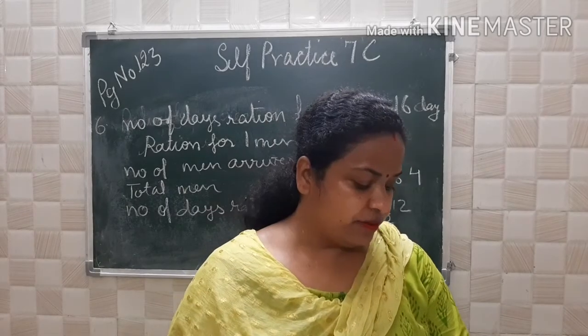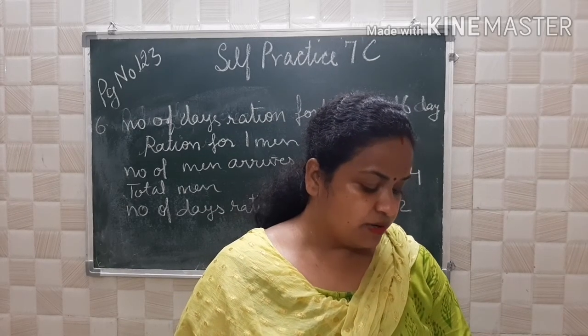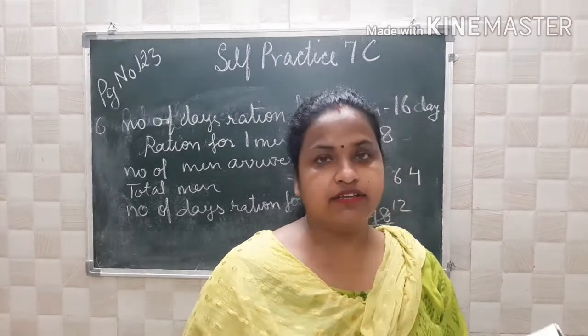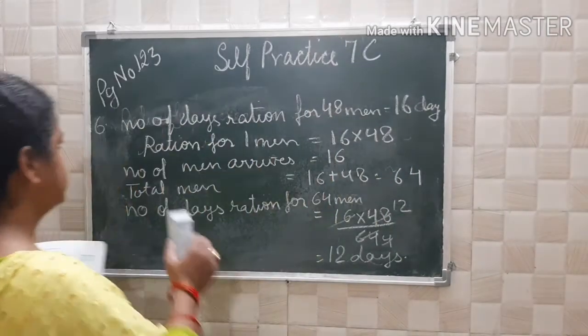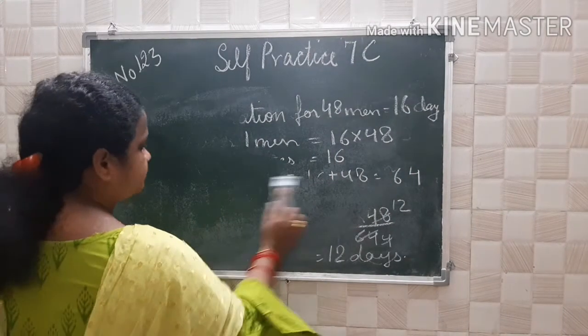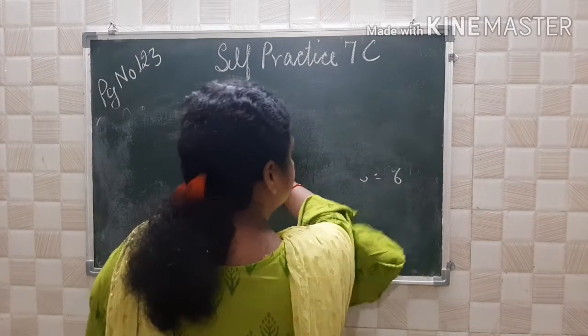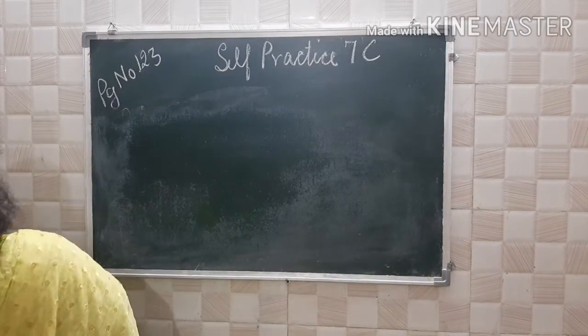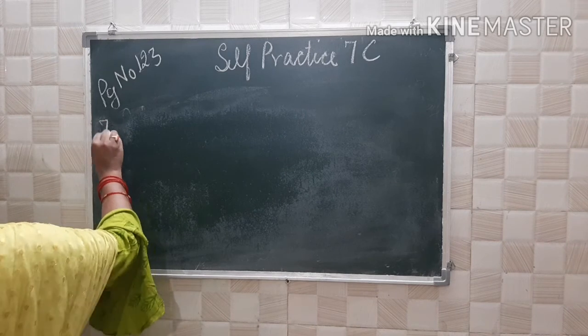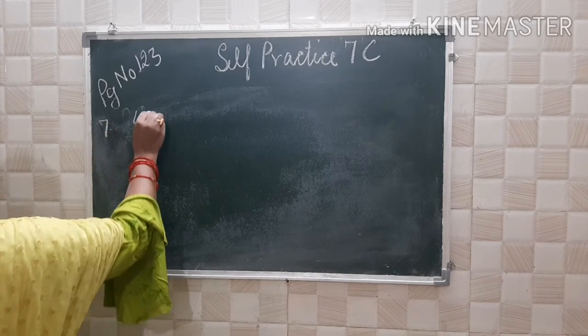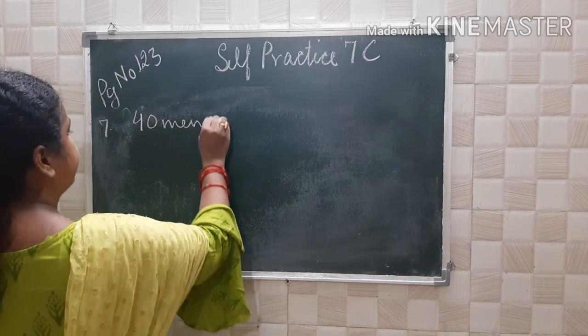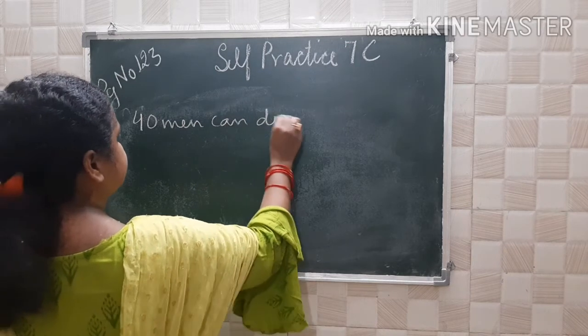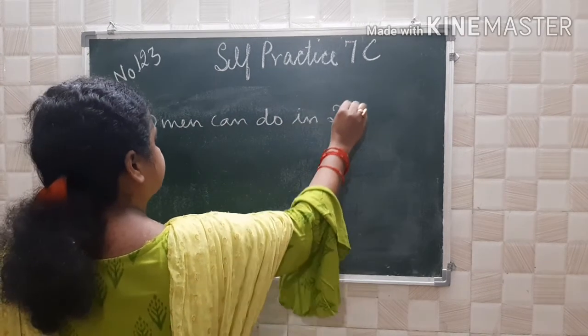How long will 50 men take to do the same job that 40 men do in 25 days? Okay. Now see how you will do. 40 men can do in 25 days.